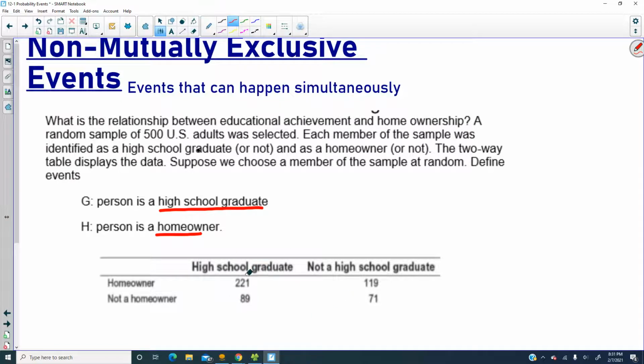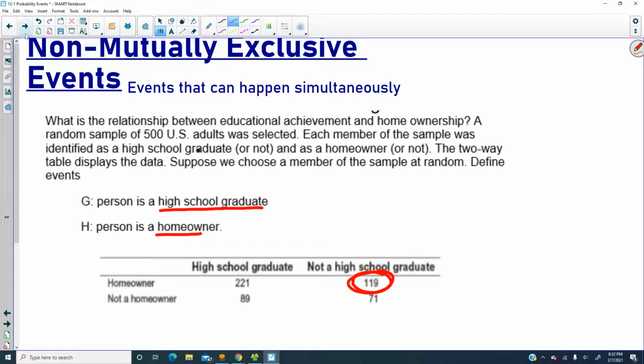These are the high school graduates. These are the homeowners. Can you be a high school graduate and homeowner in this data? Of course, yes. 221 people were both high school graduates and homeowners at the same time. Can you be not a high school graduate and a homeowner at the same time? Yes, you can. 119 people were that as well.